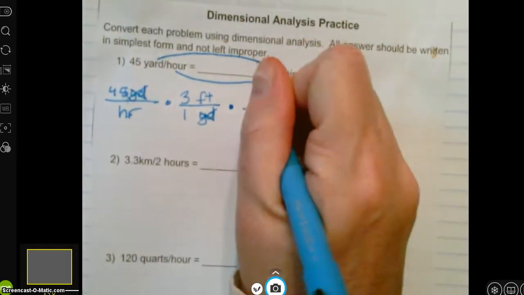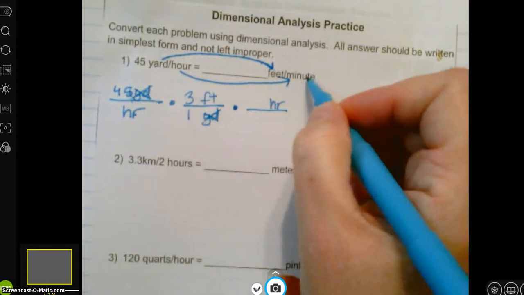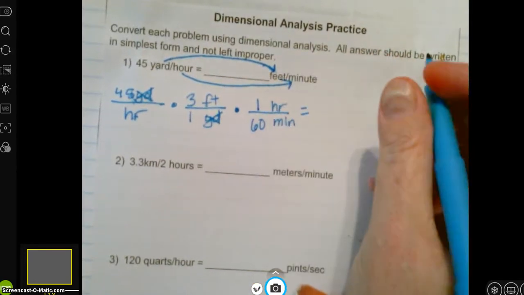So hours. Hours is where? Bottom. So I put it on top. Then I want to change it into minutes, and we know that there's a conversion there. So 1 hour is 60 minutes, and we should know that, okay?